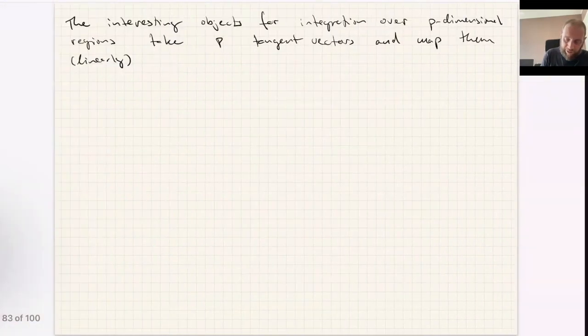So we map them linearly to real numbers. And it's antisymmetric, fully antisymmetric.